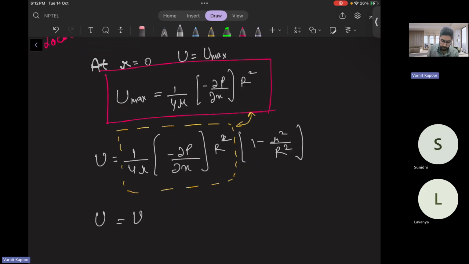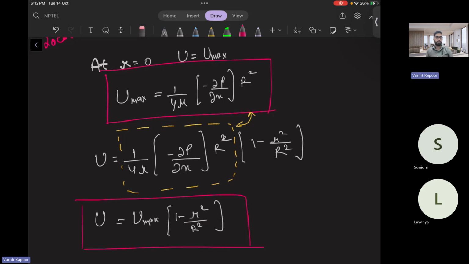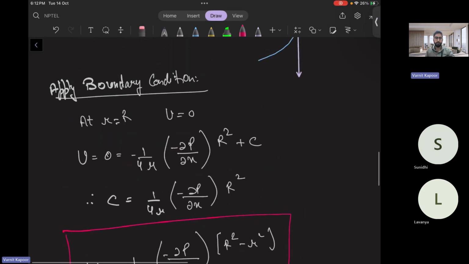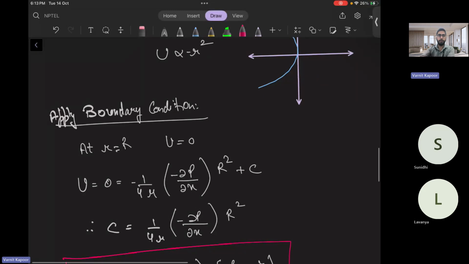So u is u max into 1 minus small r square by capital R square. This is another way to write the relation. So this is your velocity profile distribution for flow through a pipe.